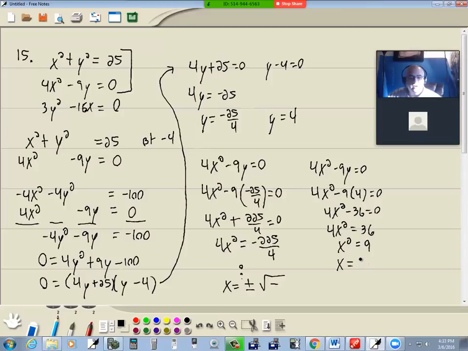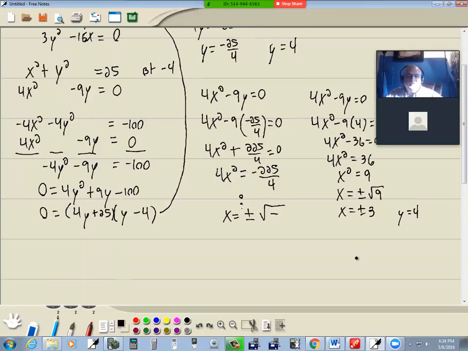Or drop our squared and use the square root property, put a plus or minus square root on the other side, and we get x is equal to plus or minus 3. And that's all based upon y is equal to 4. Which means our two potential answers are 3, 4, and negative 3, 4.